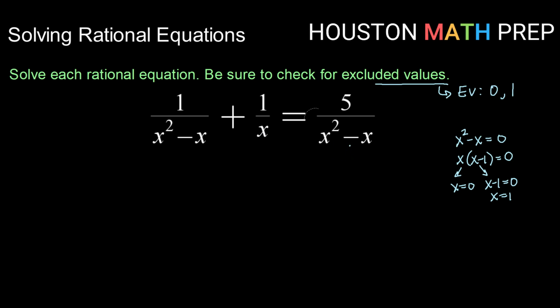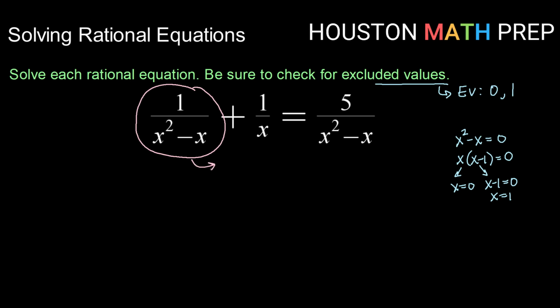Okay, so now that we've got our excluded values listed, we are ready to get into the solving here. The first thing that I notice is that I have some common denominators between two of my fractions, so I may want to subtract this term over just to make my equation a little bit easier.